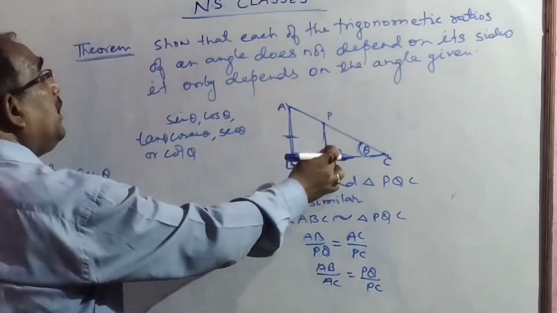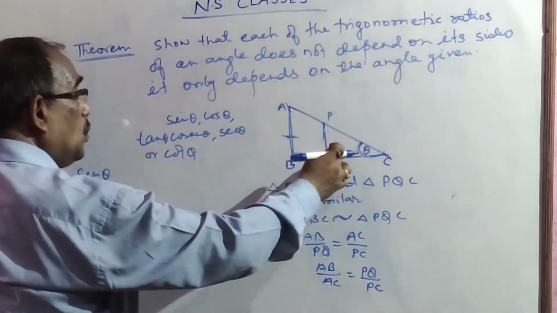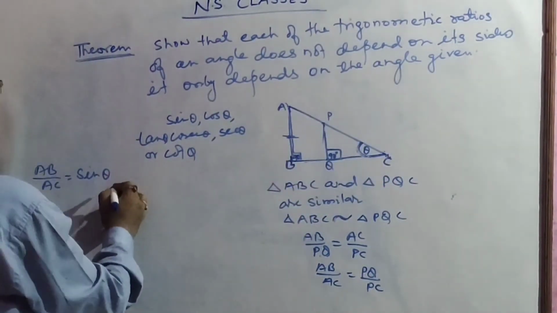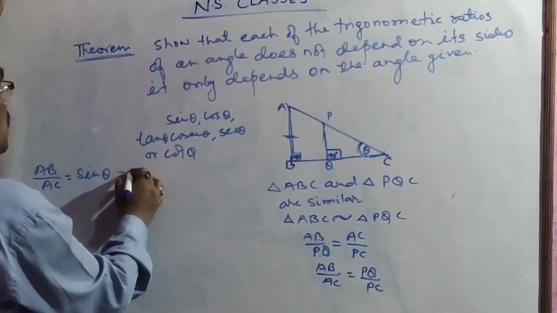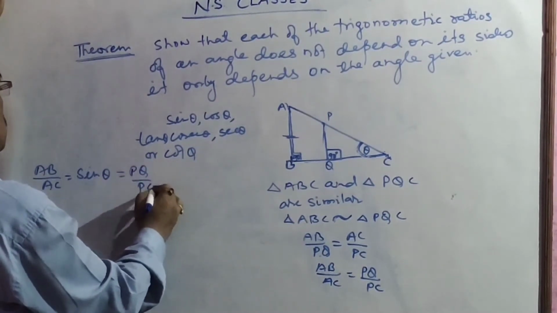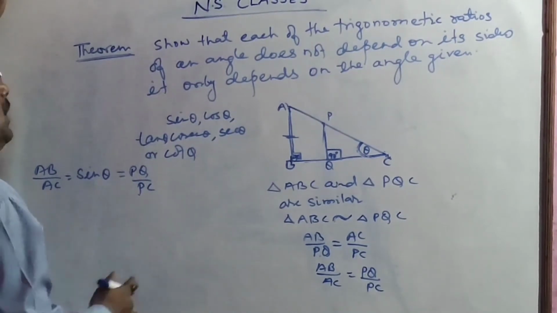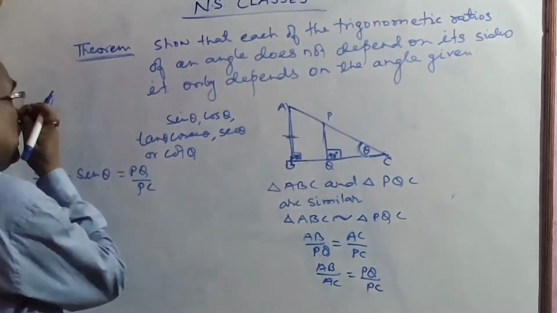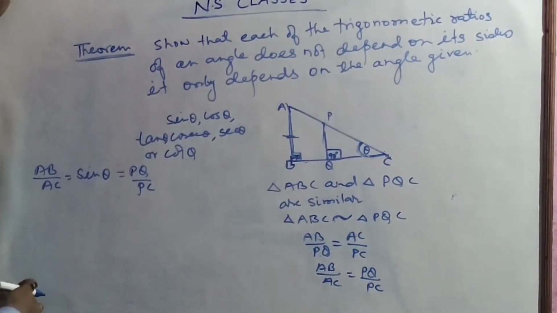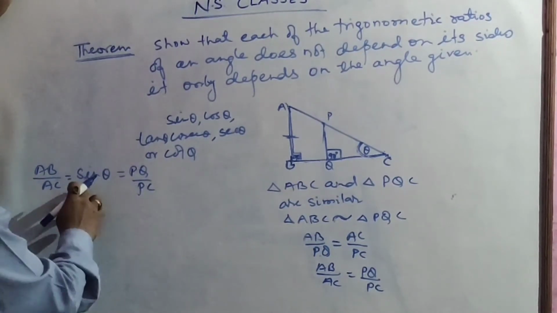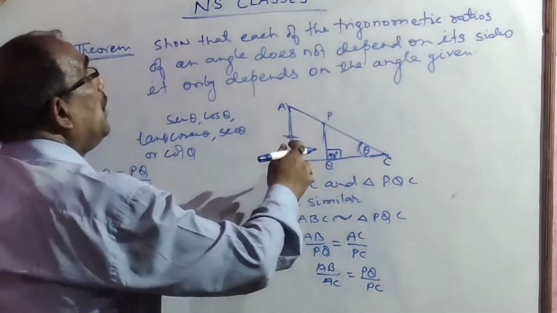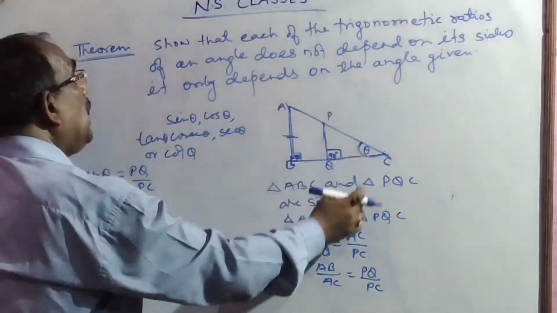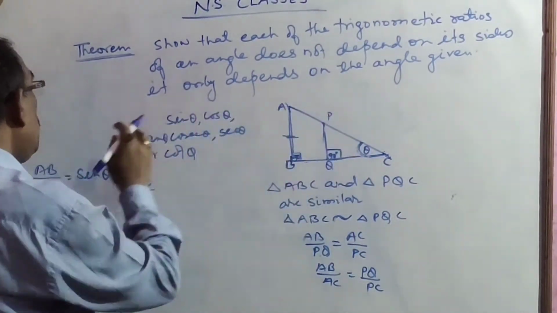Even in the smaller triangle, PQ by PC, perpendicular by hypotenuse, is sine theta. So whether the triangle is bigger or smaller, the value of sine theta does not change. It does not depend on the size of the triangle. If the sides are bigger or smaller in another triangle, sine theta will be the same in both triangles.